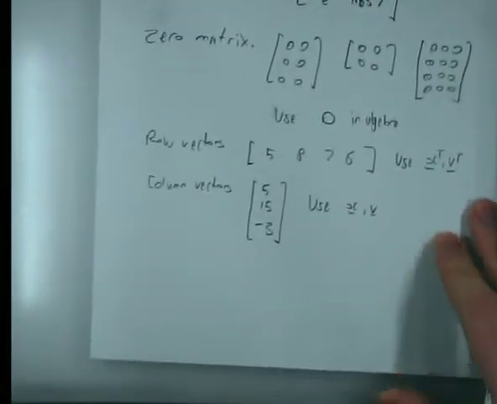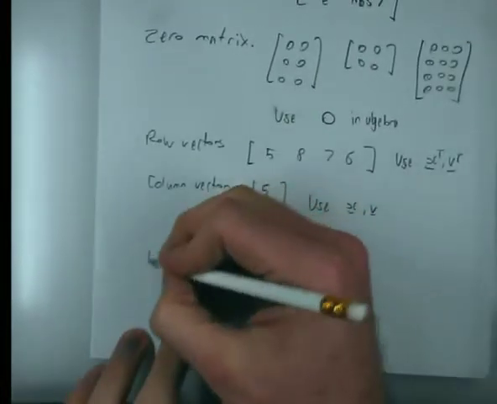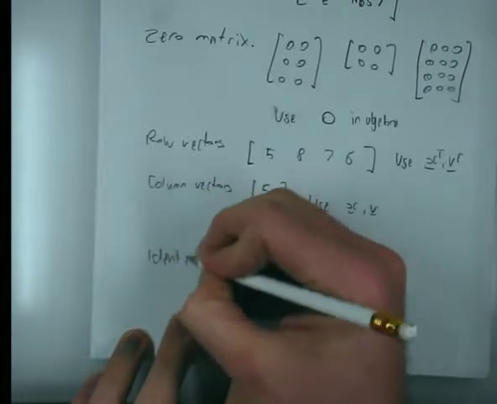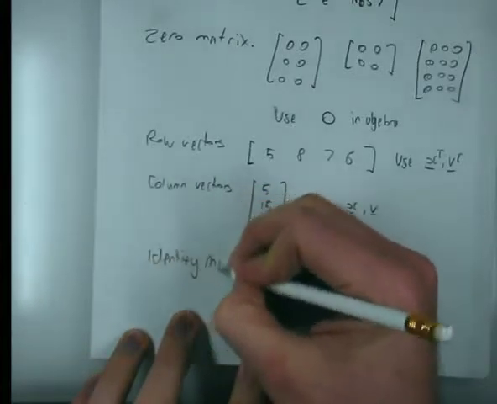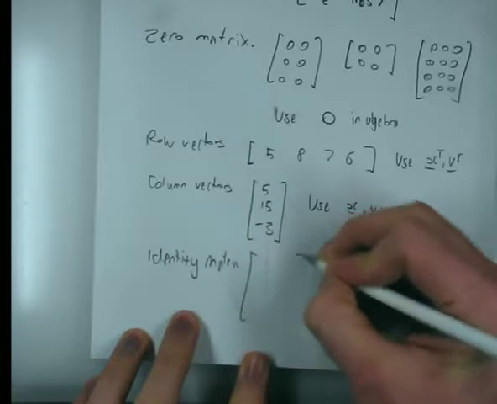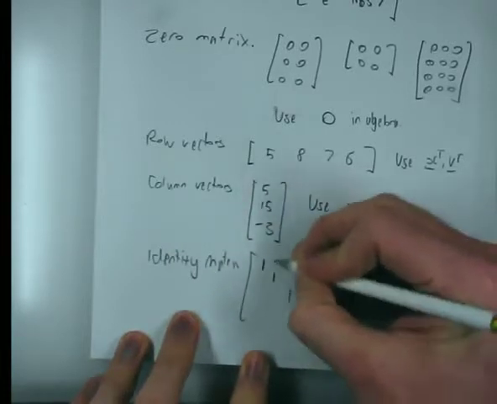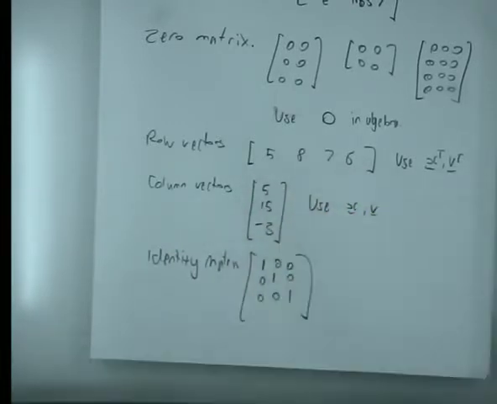And then there's the identity matrix, which has ones down the diagonal and zeros everywhere else. And it has to be square as well.